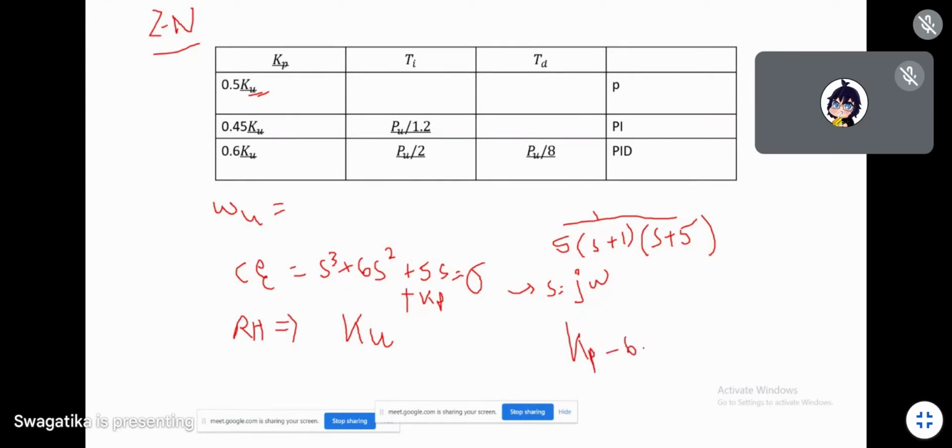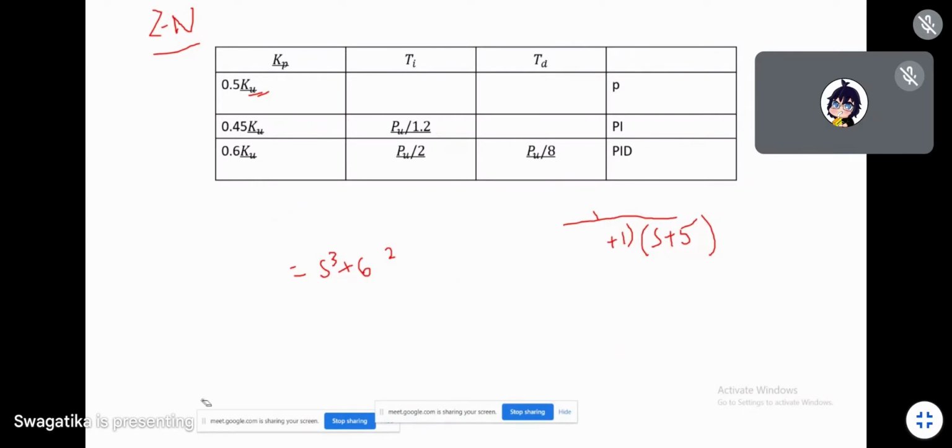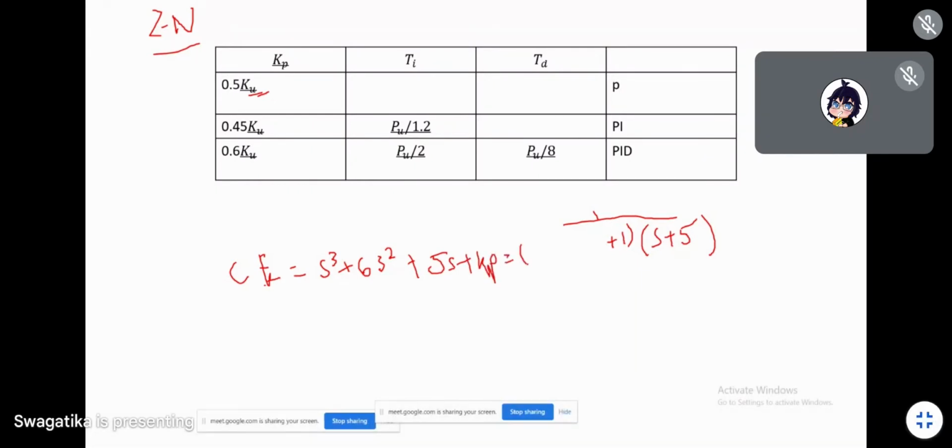Plus Kp equals to 0. Then put s equals to j omega.